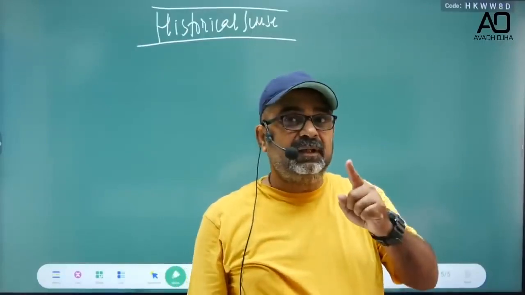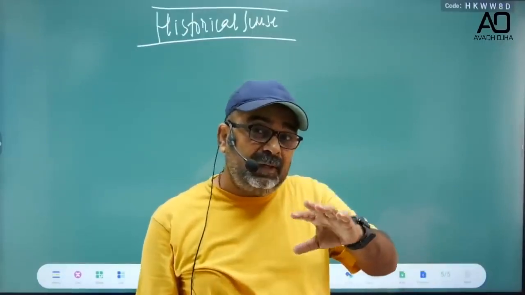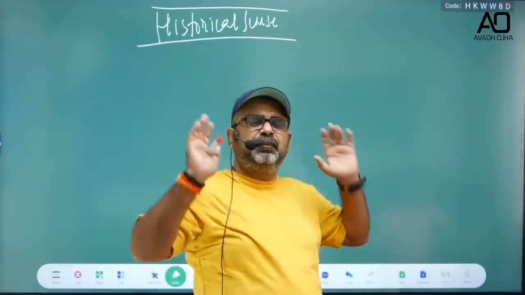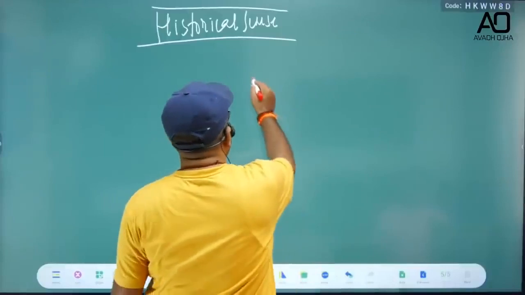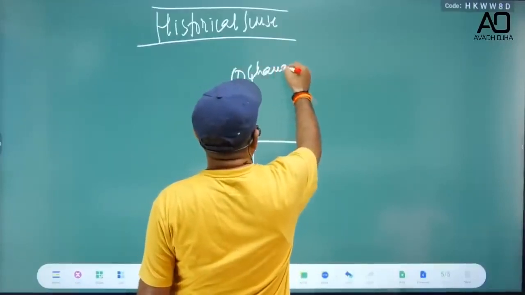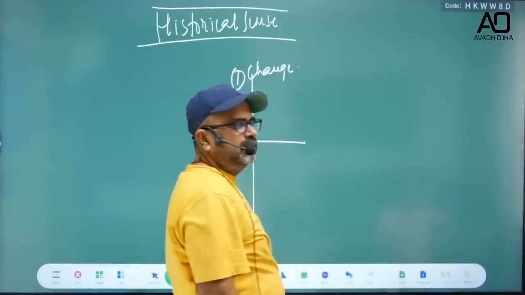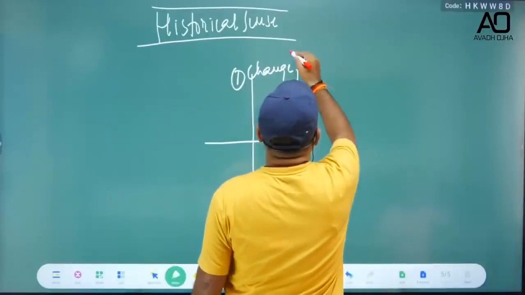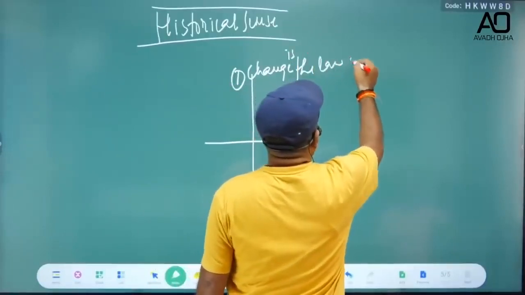But Indians had a considerable historical sense. The pillars of history were clear to them. What are the pillars of history? Change is the law of nature, and things will change.